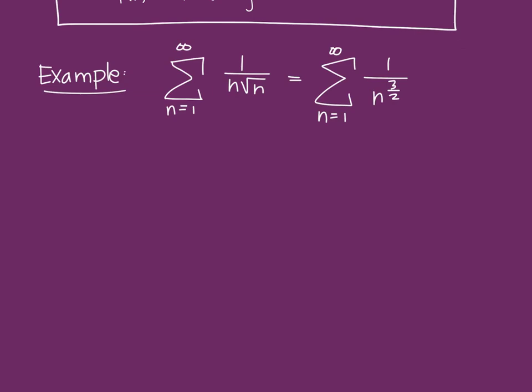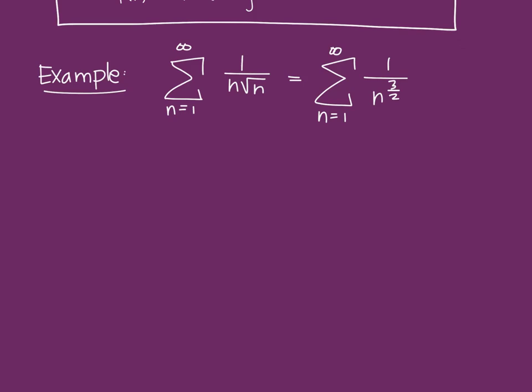Is this a continuous function from 1 to infinity? Yes. Is it positive? As long as you're going from 1 to infinity, it is. And is it decreasing, heading towards 0? It's a square root function of something cubed.